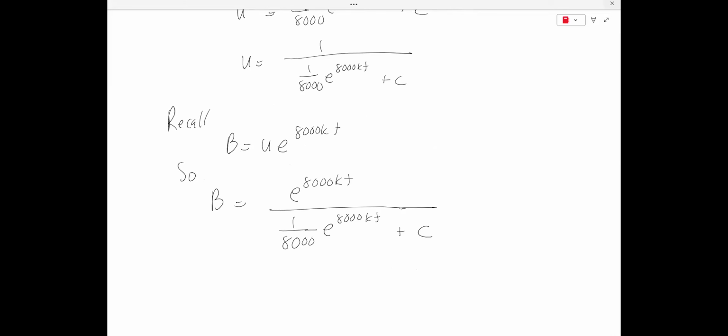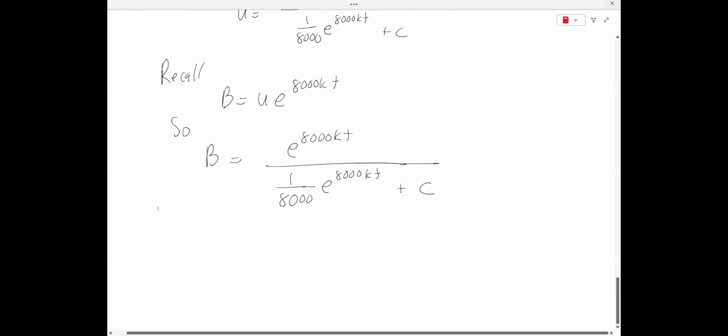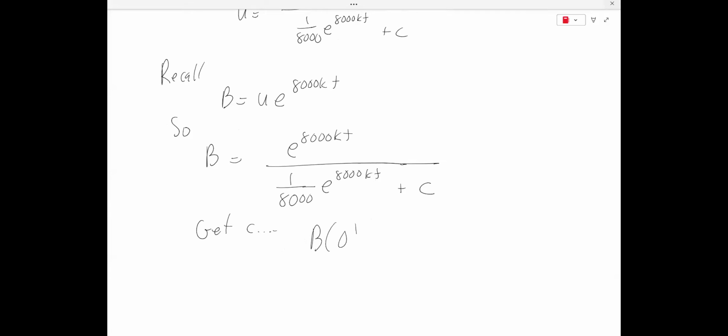Okay, so anything there so far on that? Now remember, we know the value of k already. We'll look at that in a minute. Now also, we've got to get the c from the initial condition. So now apply the initial condition. We need to get the c here. We've got b of 0 equal to 1 originally.